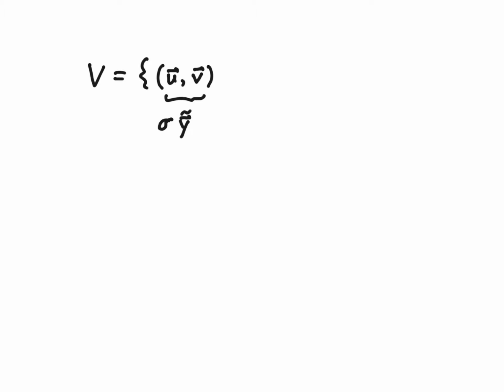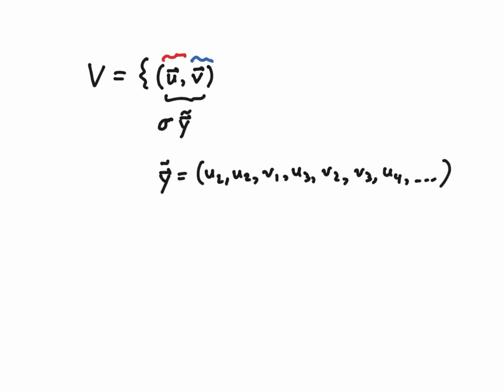By permuting the variables of Y tilde, the original of which has the U's and V's interlaced in some unpredictable order, we can pull all the U variables toward the front and all the V variables toward the end. The original Y tilde could have been U1, U2, V1, U3, V2, V3, U4, but now I'm pulling all the U's to the left-hand end and all the V's to the right-hand end. Some permutation sigma does that, and we would just use that particular permutation.